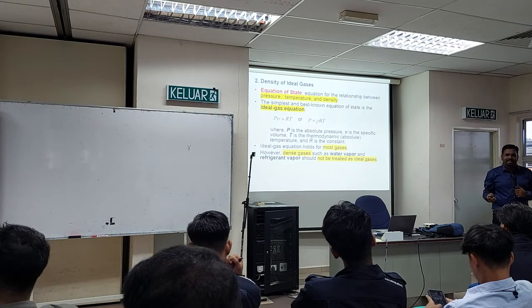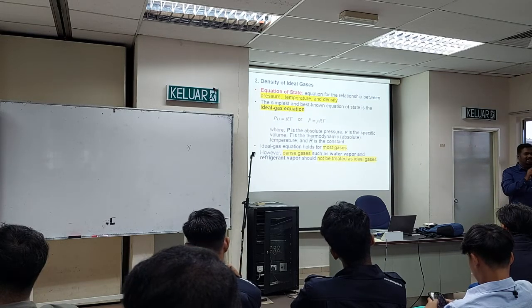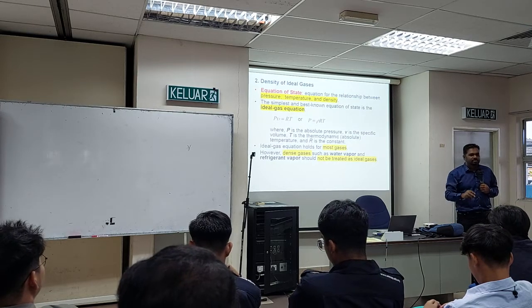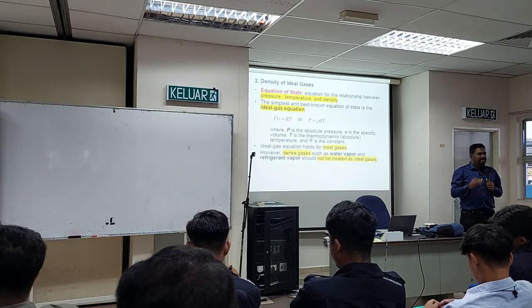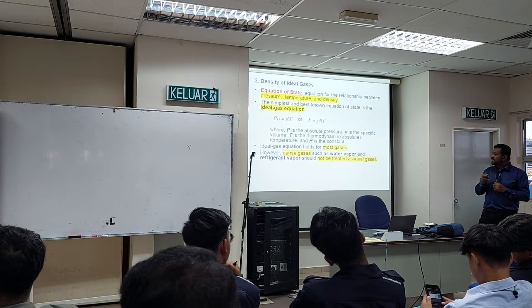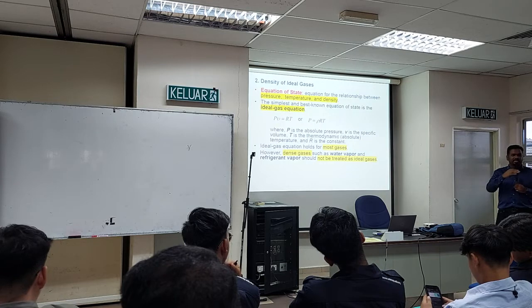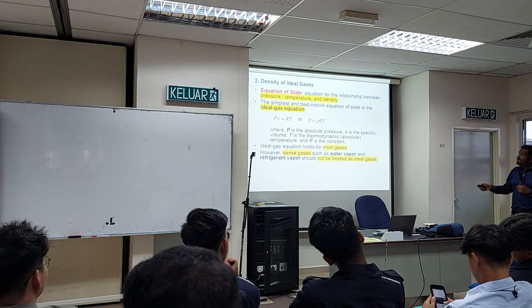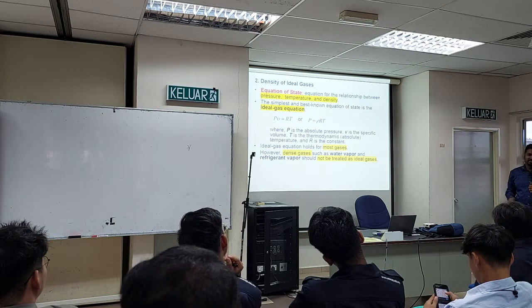Okay, by ideal gas, I think some of the gas are categorized as ideal gas. It's already determined by the engineers. So this particular gas belongs to ideal gas, this particular gas does not belong to ideal gas. Memang dah ada list tu. So ideal gas is gases that fulfill the equation of state.